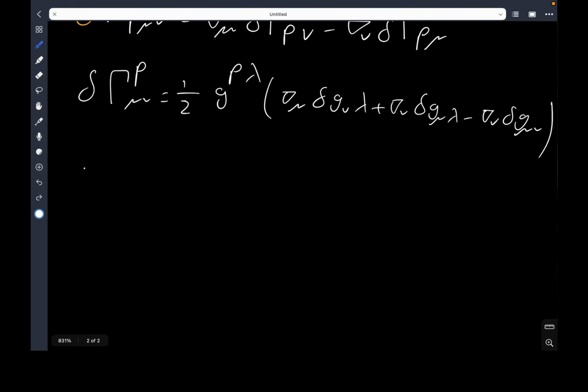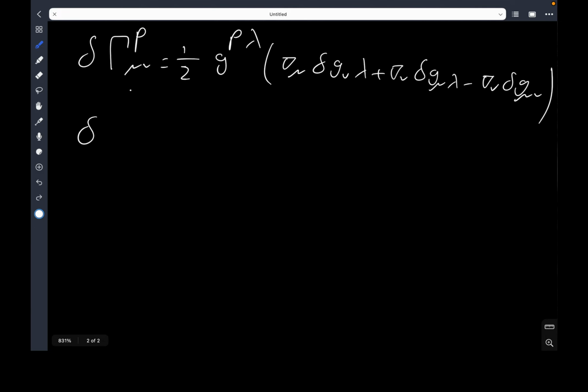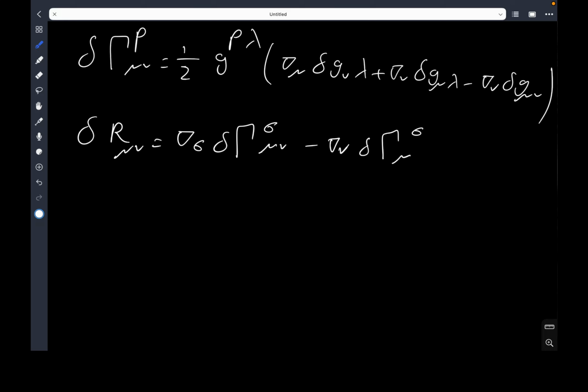The delta of the Ricci tensor, if I sum the upper and lower indices of this tensor, is going to be delta R mu nu, which is the covariant derivative sigma of delta Christoffel symbol sigma mu nu, minus the covariant derivative nu of delta Christoffel symbol sigma mu sigma.